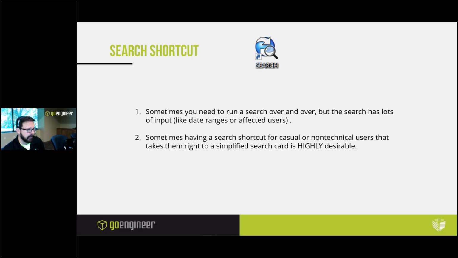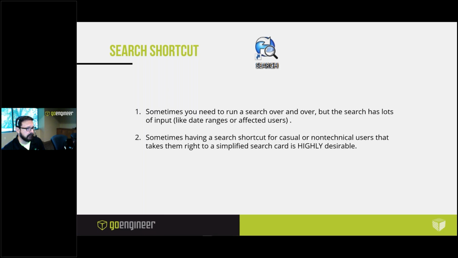Okay, but the second one is also maybe a little bit more popular. Sometimes you want a search shortcut for very casual, non-technical users. Picture people on the shop floor, QA, QC, purchasing.